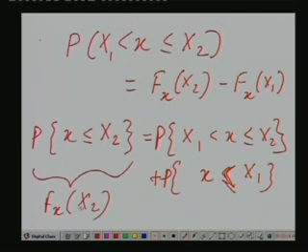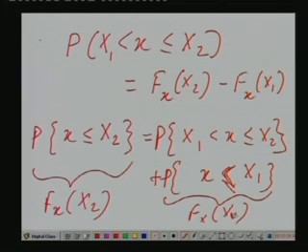But this is equal to F_X(x2) and this one is equal to F_X(x1). I think it is getting a bit dotty here, so let me erase.